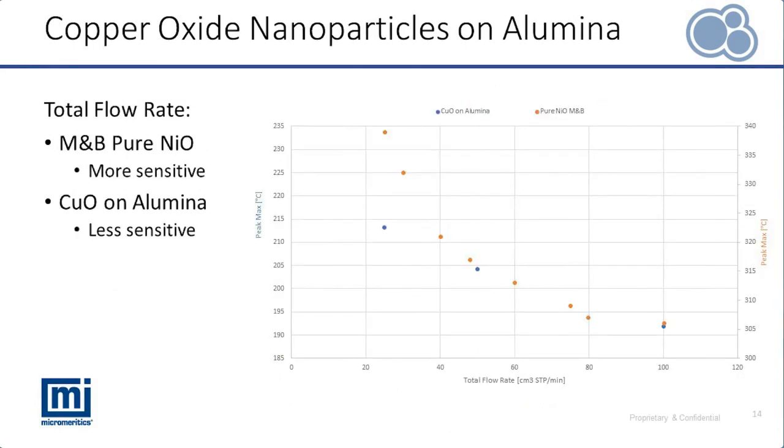The graph shown on the right overlays the nickel oxide data from Monti and Baiker. The primary y-axis in blue is the copper oxide, and the secondary axis in orange is the pure nickel oxide powder. When comparing the peak temperature sensitivity of pure nickel oxide to the copper oxide on alumina support, the copper oxide is less sensitive at lower total flow rate than the pure nickel powder.